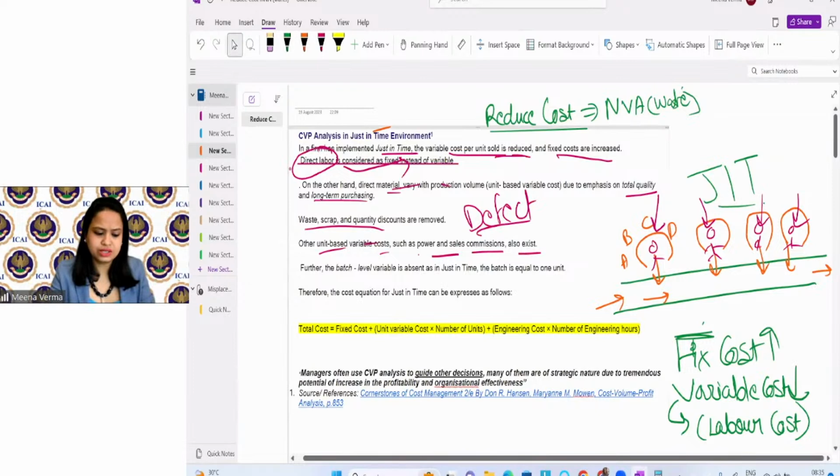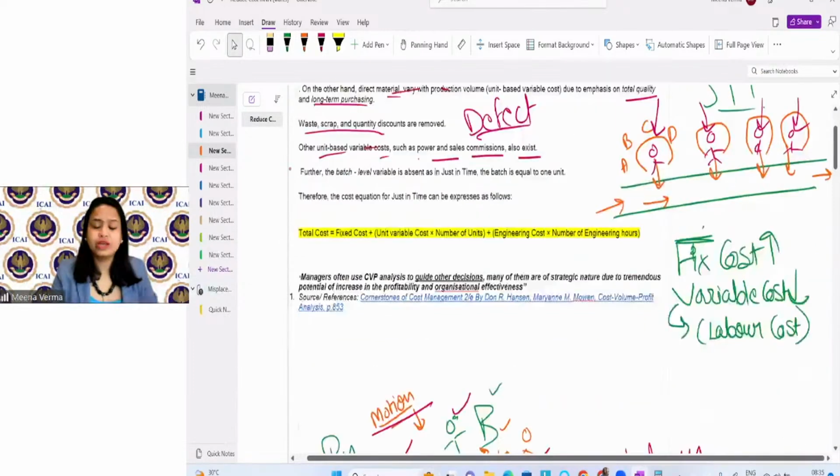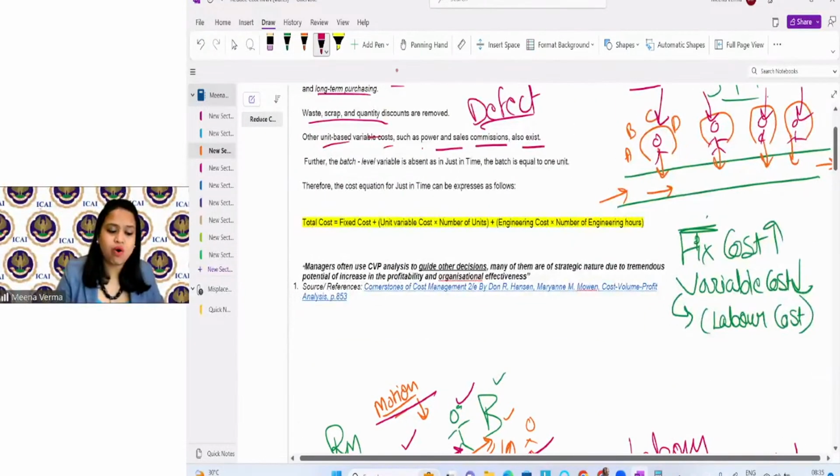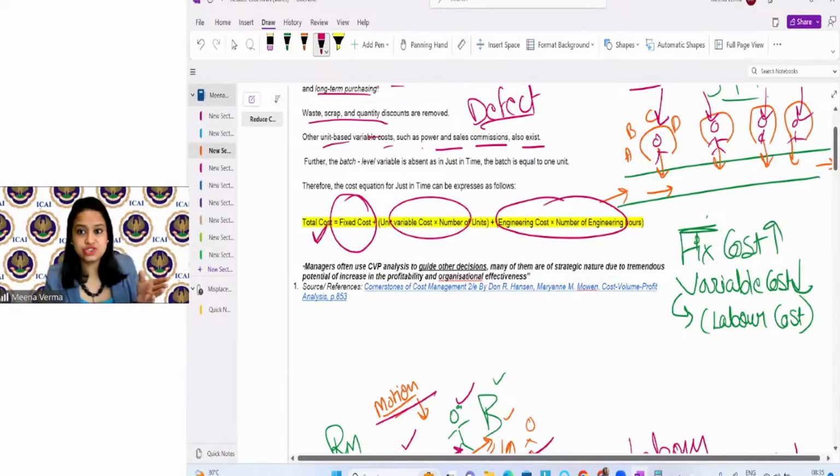So you can see here, in this case, they are classifying their total cost either as a fixed cost, or as a variable cost, or as an engineering cost, because engineering effort is required to maintain the cellular manufacturing. Total productive maintenance we have learned. Engineering cost is required here to maintain the setup of the just-in-time system.